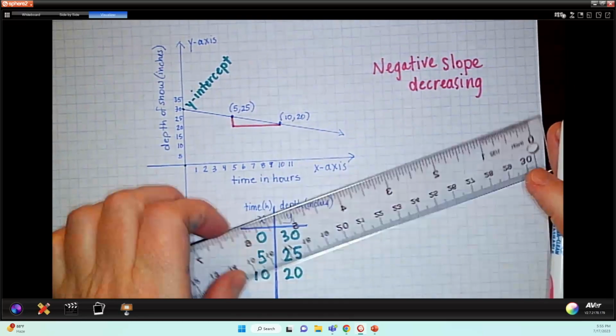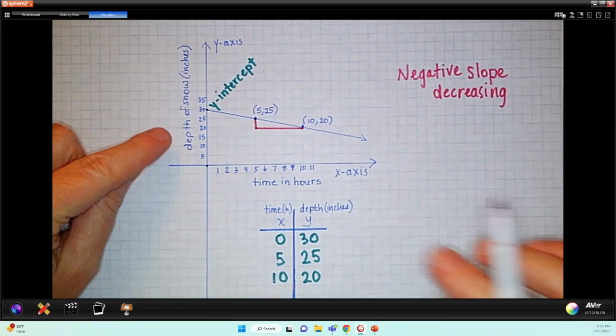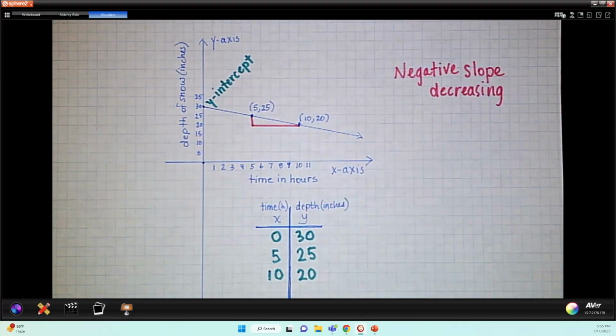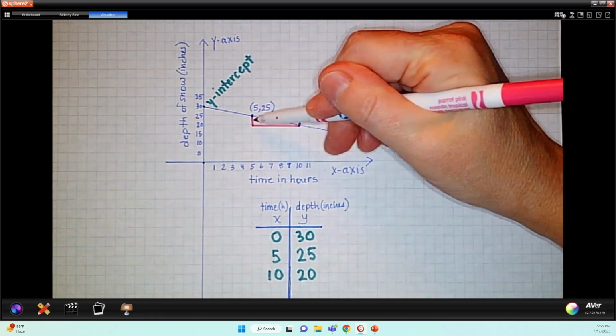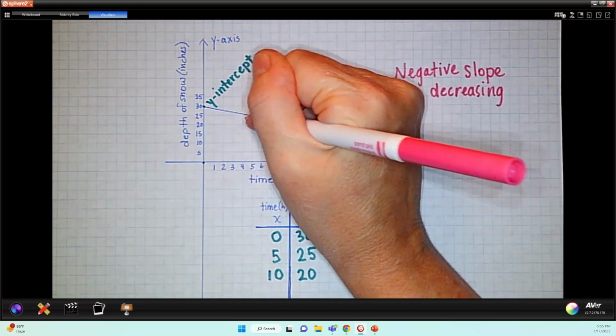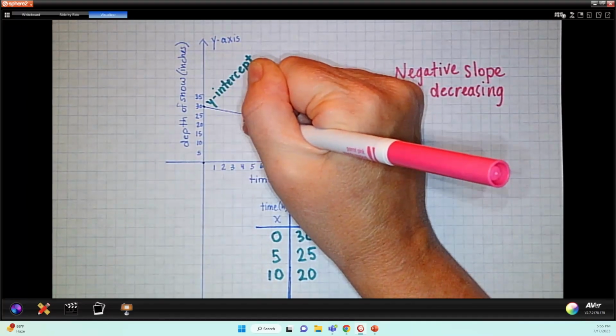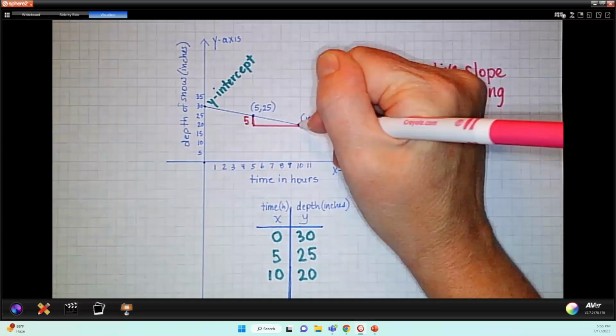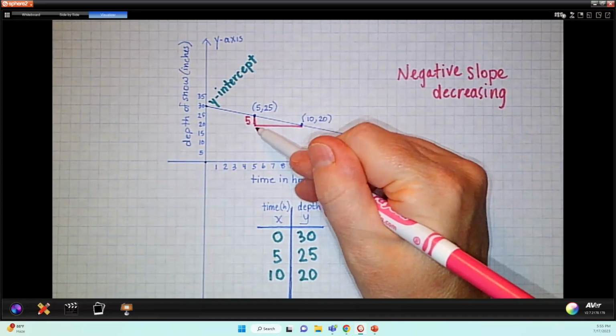Now this is a really good example because we have different scales. So this is another thing that comes up when we're trying to find slope. We have to really pay attention to the scale because the height of my triangle is actually 5. And the base of my triangle, my x, is also 5 because each one of these is counting by 1.